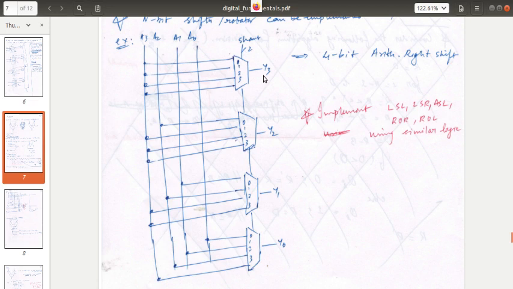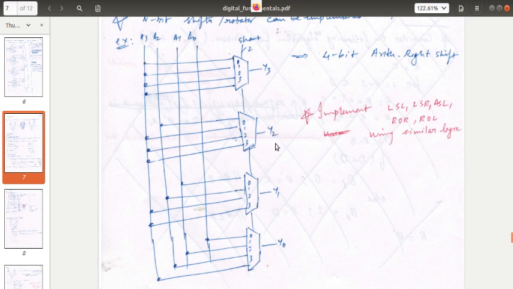Let's consider the MSB. For an arithmetic right shift, MSB is always MSB, no matter how many shifts happen. So all the inputs are connected to A3.